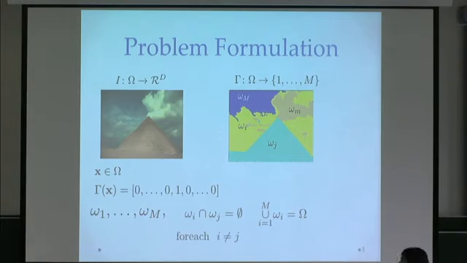Now, when we deal with binary segmentation, we can solve it quite elegantly. However, when we have more than two regions, we may have some difficulties, in particular in those junctions, those voxels or pixels that are on the boundaries of three or more regions.